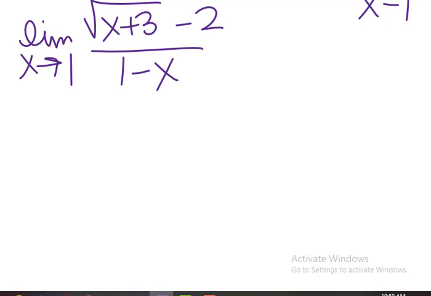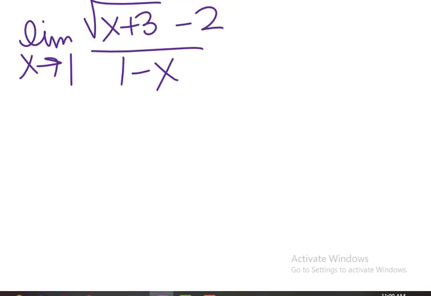Now here again, we are not defined at 1. So we can't simply put the 1 into this function. So we're going to have to manipulate the function. Now, if I multiply the top and bottom by 1 plus x, which would give us a 1 minus x squared in the denominator, and an additional factor of 1 plus x in the numerator, it wouldn't help us. Because at 1 minus x squared, which is what is in the denominator, it would still be undefined.